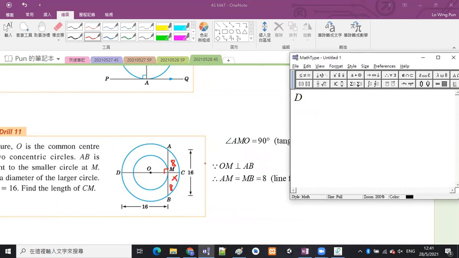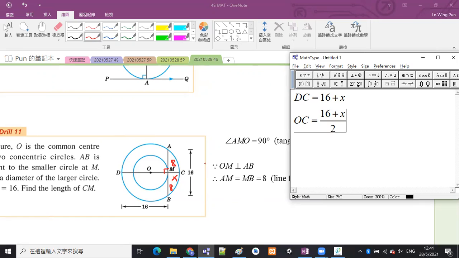DC should be 16 plus X, which means that OC should be 16 plus X divided by 2, because OC is the radius of the larger circle. Can you follow?